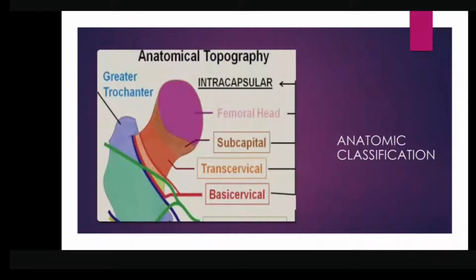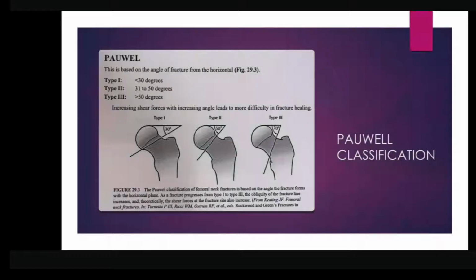Extracapsular neck femur fracture basically consists of trochanteric fractures, and intracapsular neck femur fracture may be three types: subcapital, transcervical, basicervical. If you go by Pauwels' angle, this angle 30, 50, 70, as the angle progresses, the outcome varies, for young patient and for elderly patient.